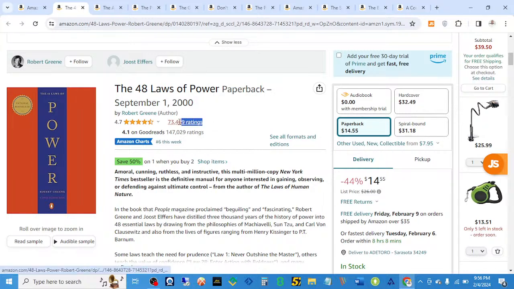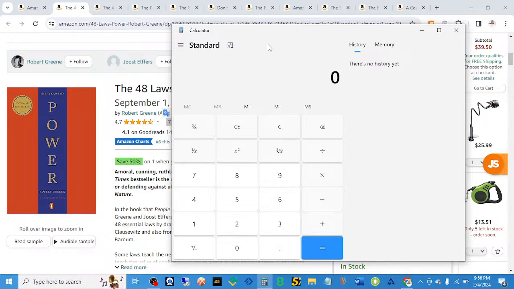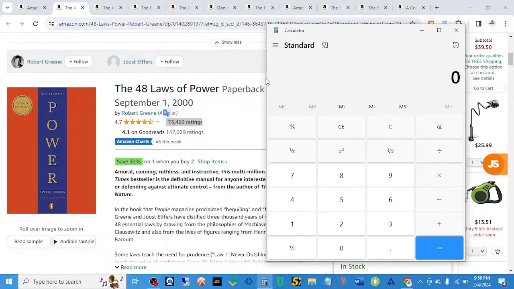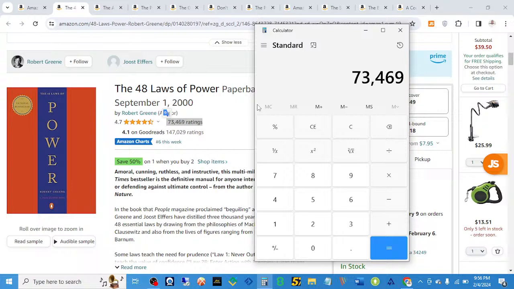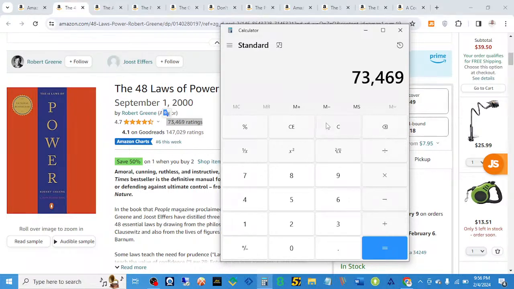I will explain what paperback is all about by the time we get started. Now, considering this review count, 73,469, let me open my calculator. Don't forget that I told you that for someone to have this many reviews, he has already made 10 times that. So let's multiply by 10.